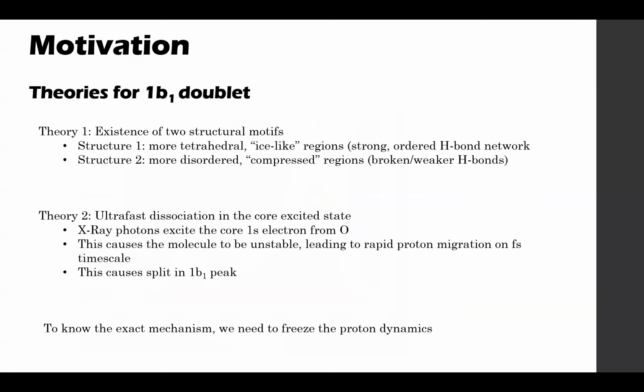One structure is quite ice-like, with a tetrahedral structure and strong ordered H bonds around it, whereas the other structure is more disordered and has weaker H bonds. This theory was considered relevant mainly because it originated from the explanation of the anomalous properties of water.